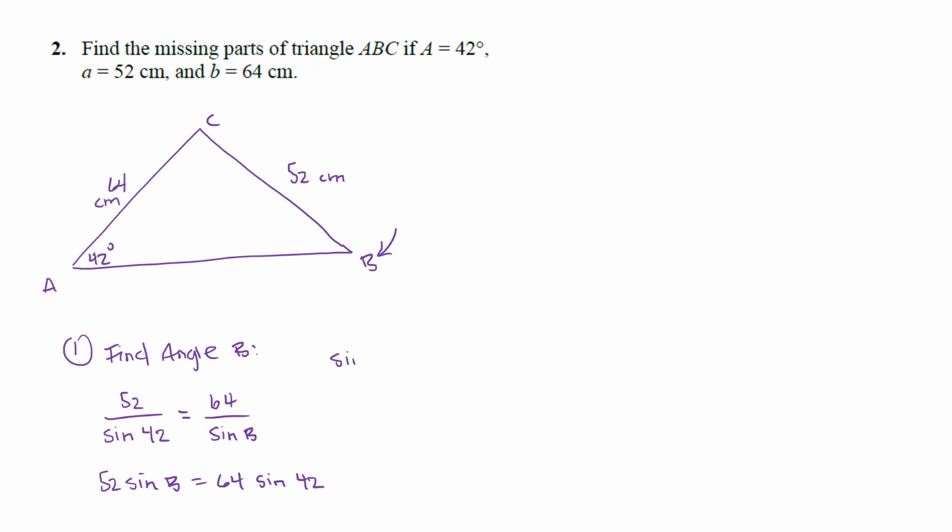So the sine of B equals 64 sine 42 over 52.